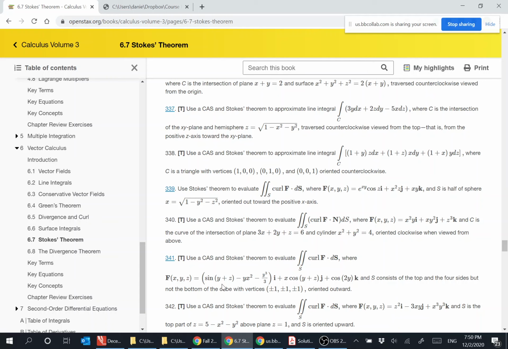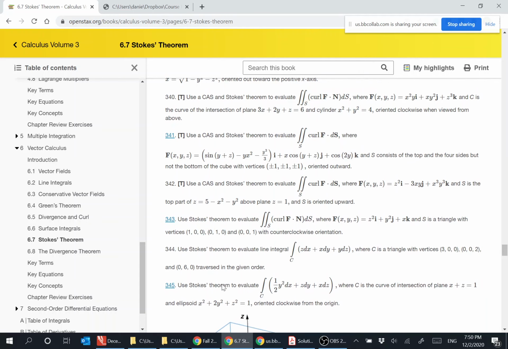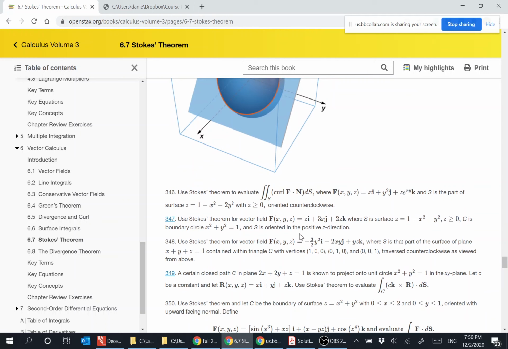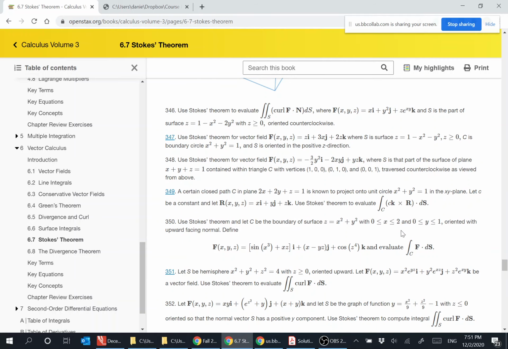All right. So that's one way in which Stokes' theorem was used. The other way in which Stokes' theorem is used is just to calculate the line integral over C. So there should be a few problems that are stated in that fashion. 344, 346. Use Stokes' theorem. Yeah, so like 347 uses Stokes' theorem to calculate, for the vector field this, where S is this, or no, it's not stated that way.